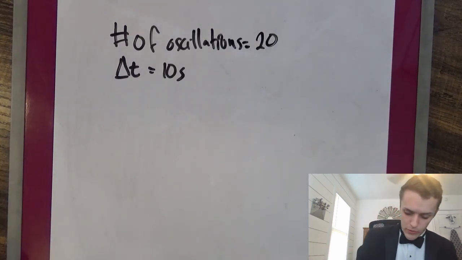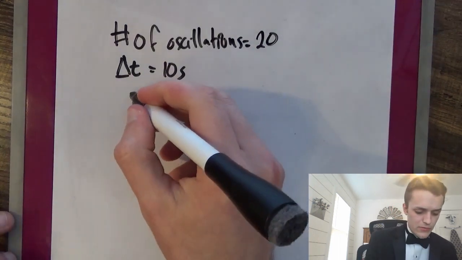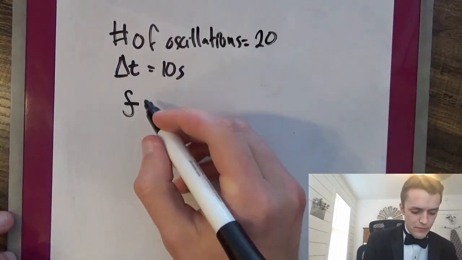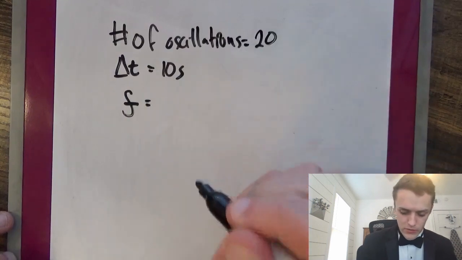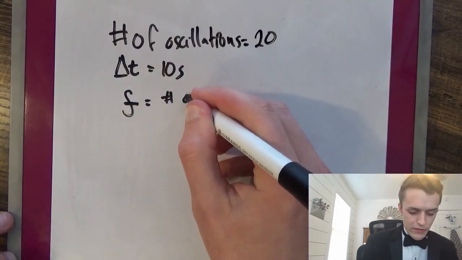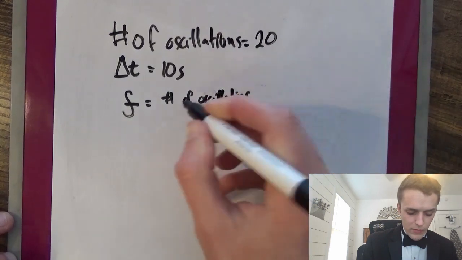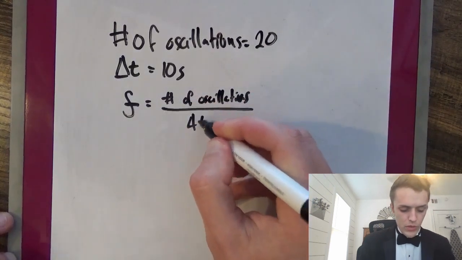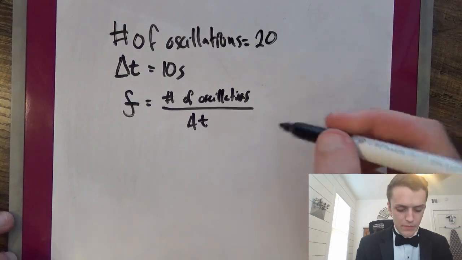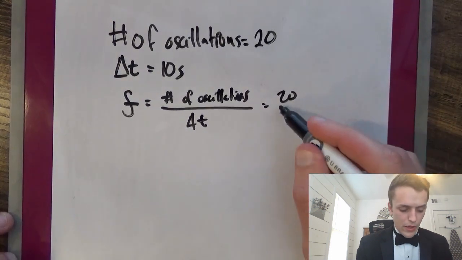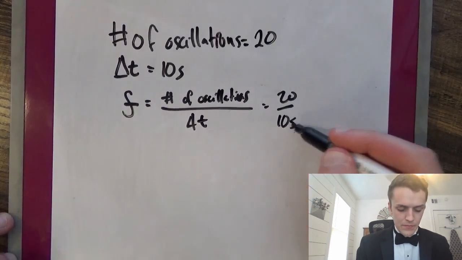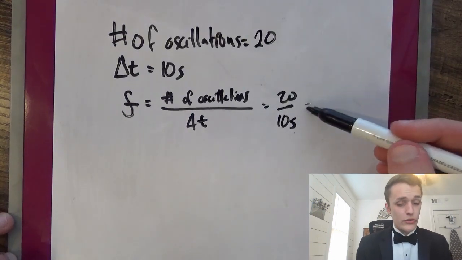So we'll start with frequency, because frequency is listed first. Frequency, script f, is equal to, if you look back at your notes, number of oscillations divided by time. So our oscillations is 20. Our time was 10 seconds. 20 divided by 10 is 2.